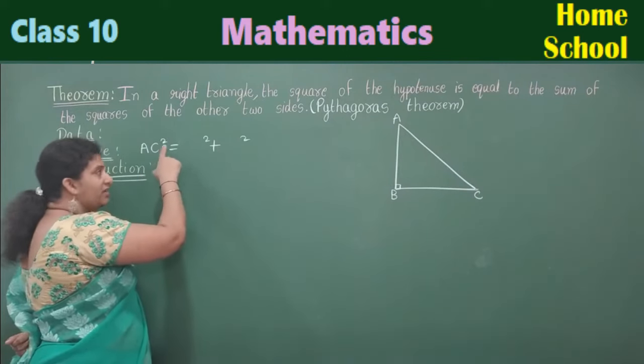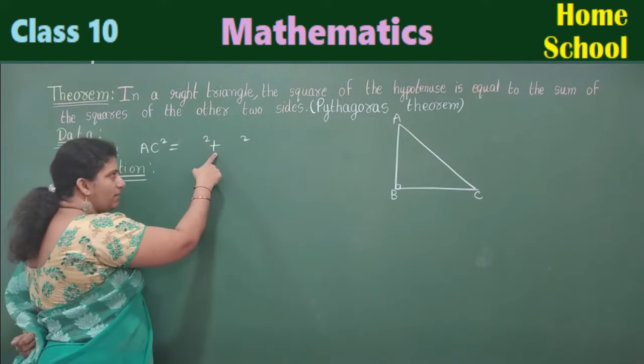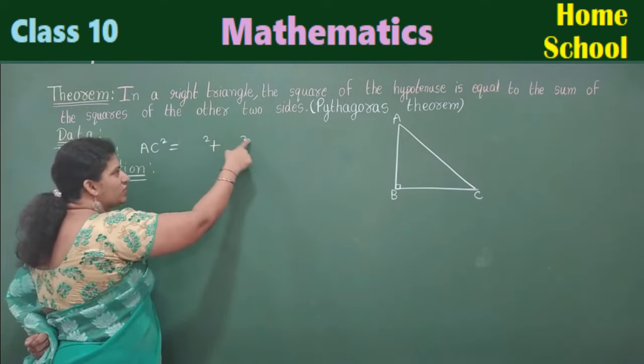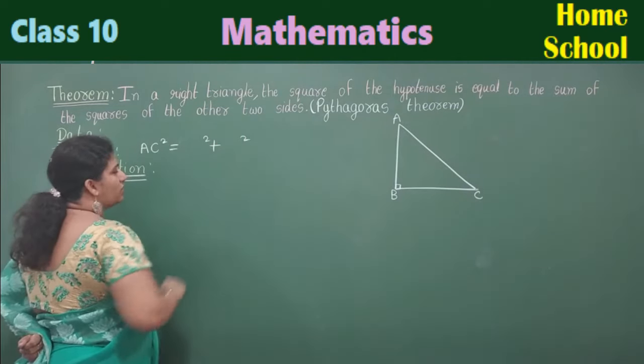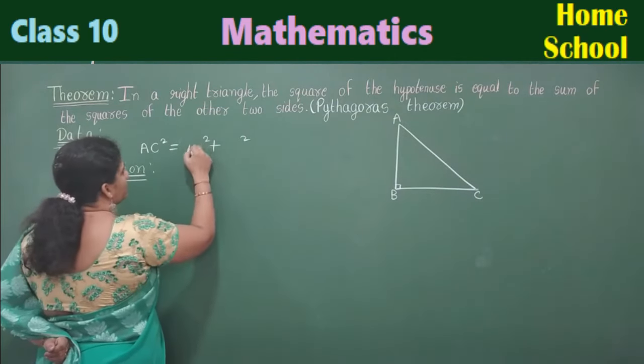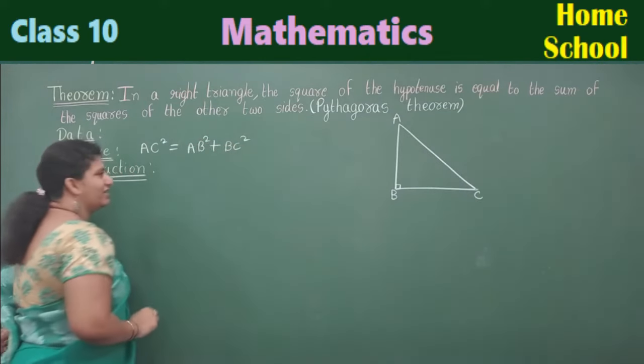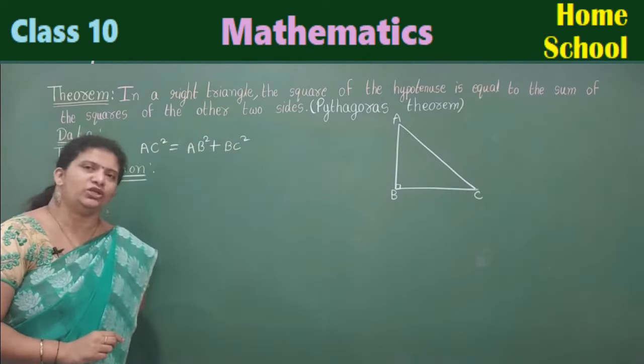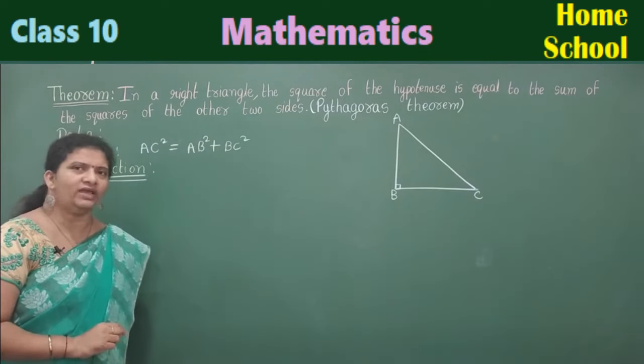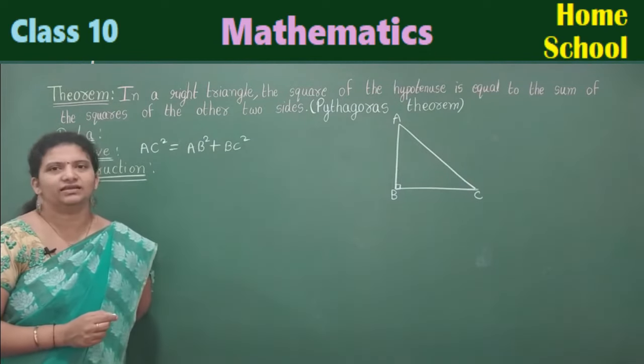Hypotenuse square is equal to sum of the squares of the other two sides. What are other two sides? AB square plus BC square. This is the equation we need to prove. Okay, so let's start our theorem.